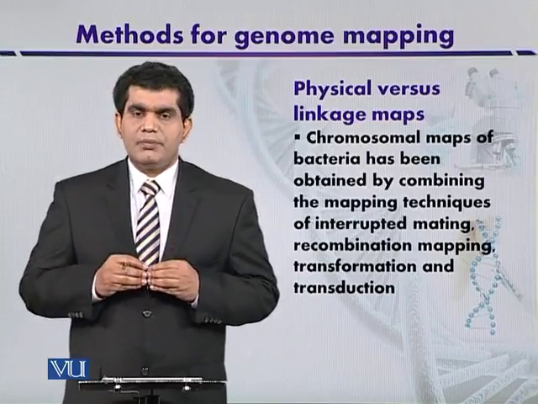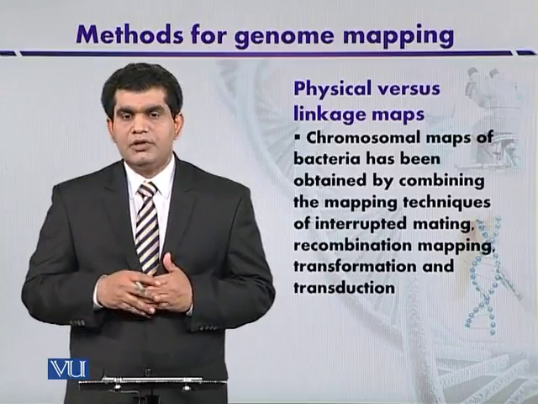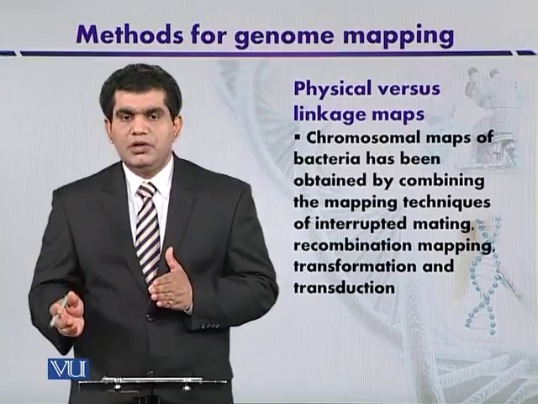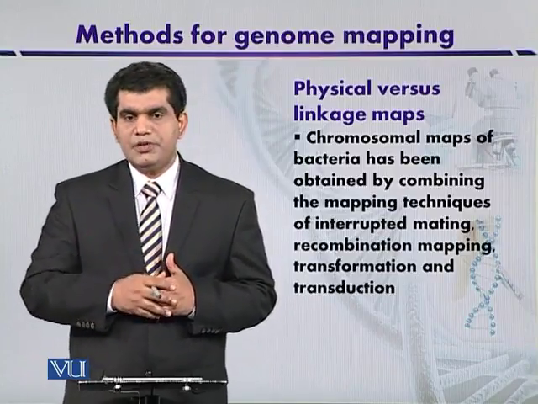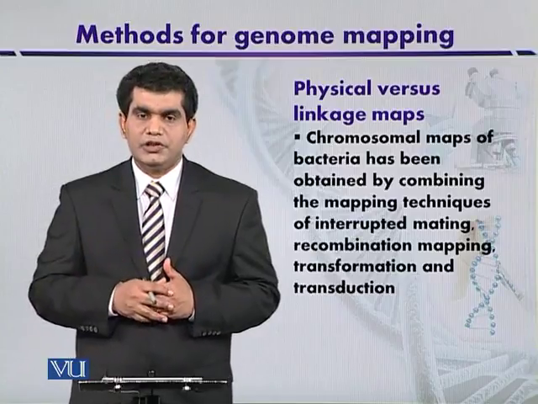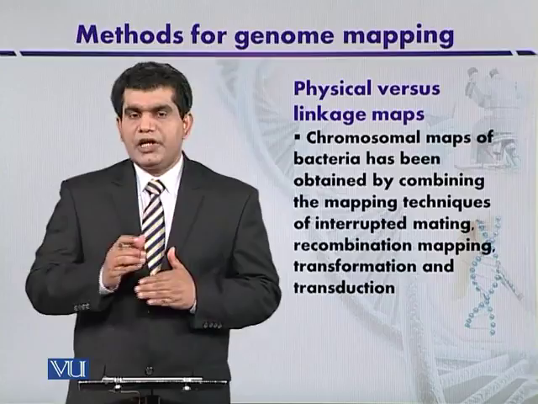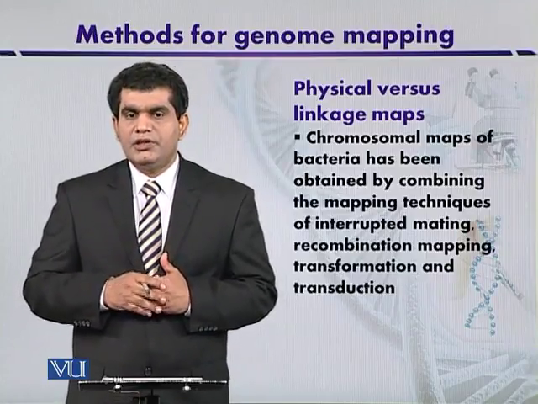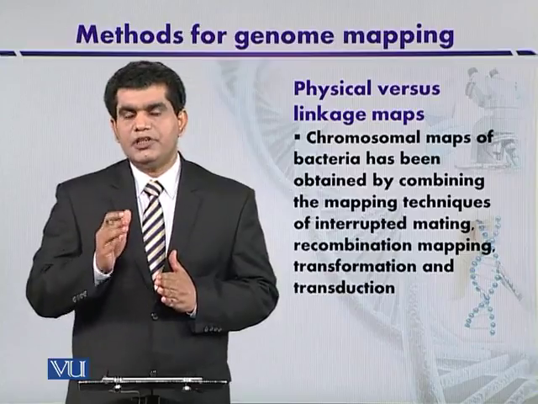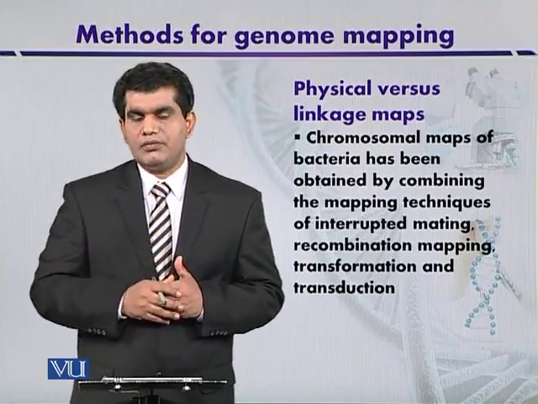So what happens during the process of conjugation, if you remember, is that the DNA from the donor is shifted to the recipient by the formation of a conjugation tube. Now, scientists have developed certain strategies by which they can interrupt this process of mating after different time intervals.